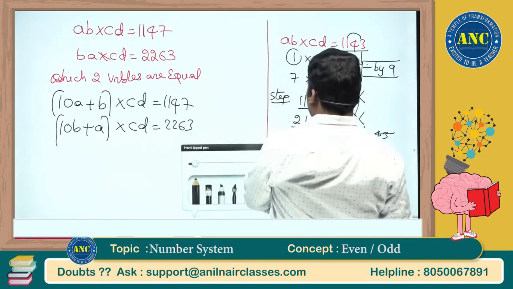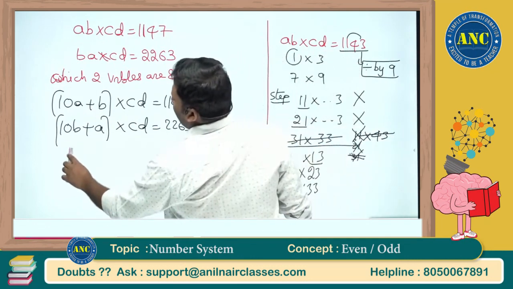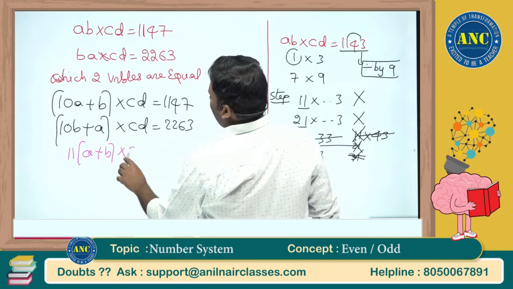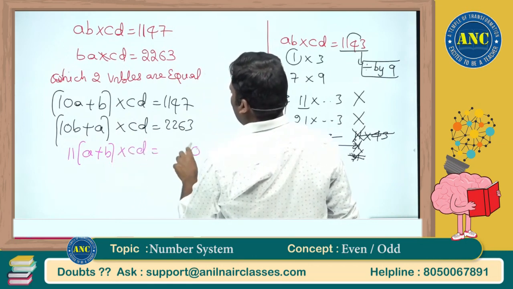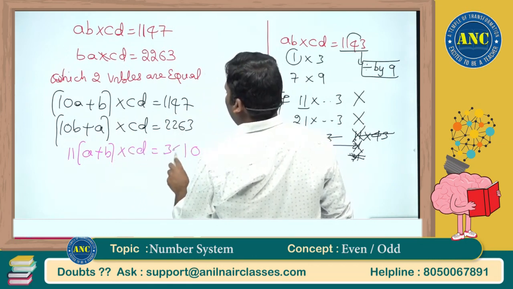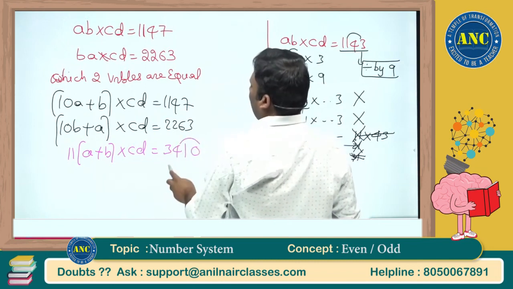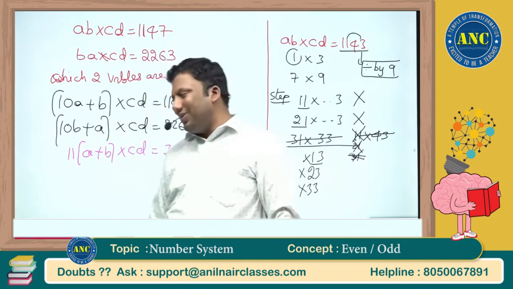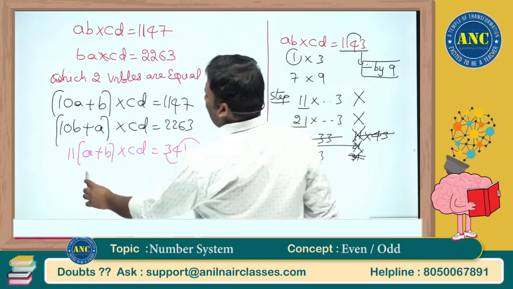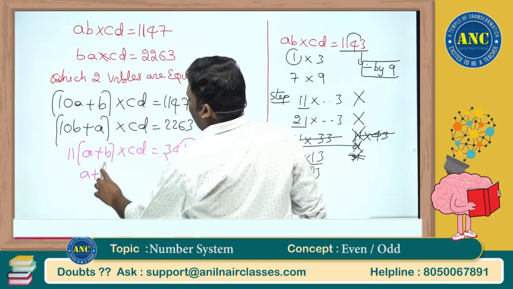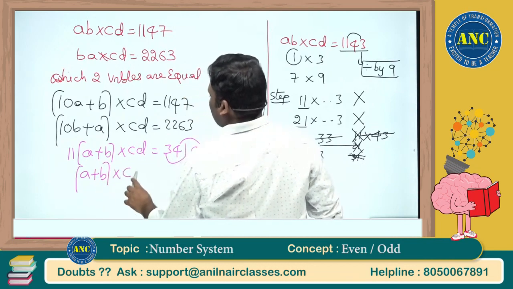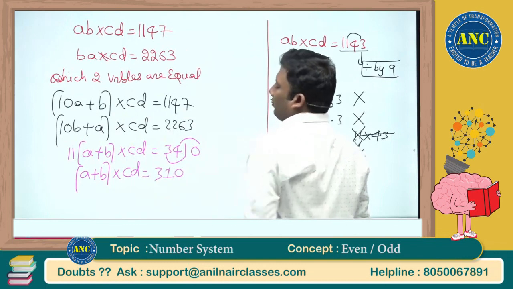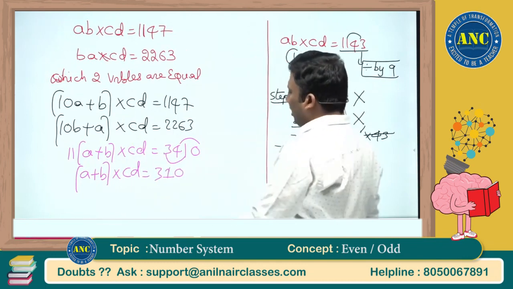If I add it, it is 11 into A plus B into CD is equivalent to 3410. Sum of the odd places it is 4. Sum of the even places also it is 4. So this will become A plus B into CD is equivalent to 11 into 310. Till here the idea is clear.